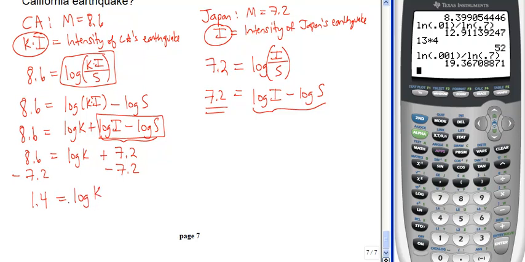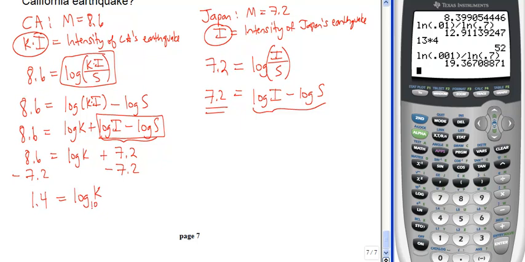Now to solve for K, you want to undo the log, and what's going to undo a log is an exponential. Now what's the base on this log? This is just a log, so if you see a log with no base, you have to remember that means a common log, which means a base 10.